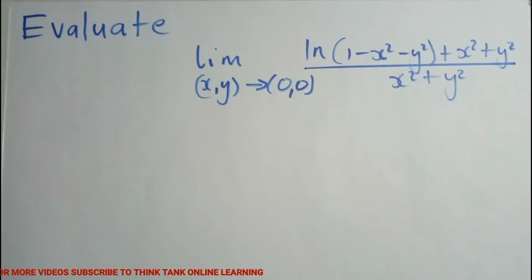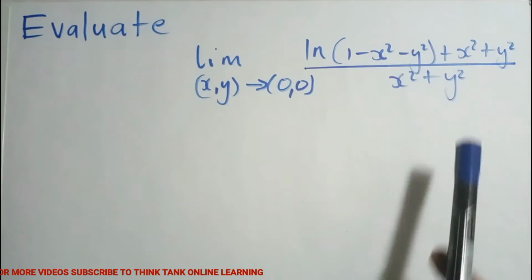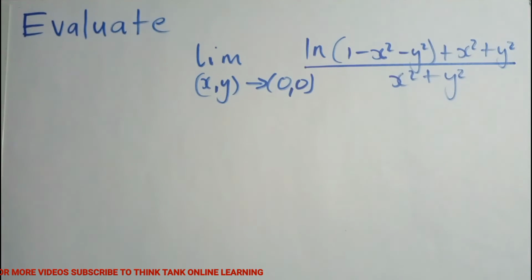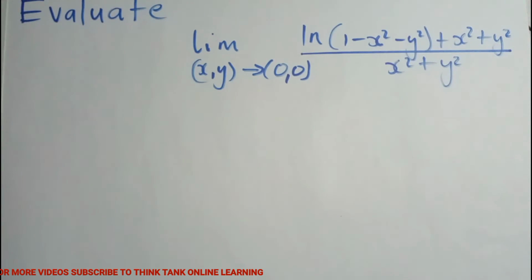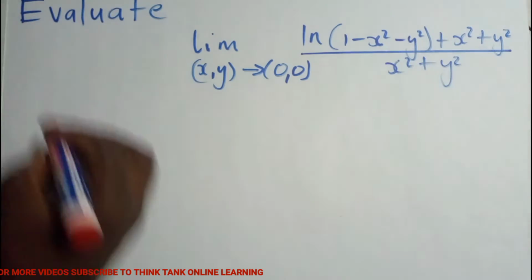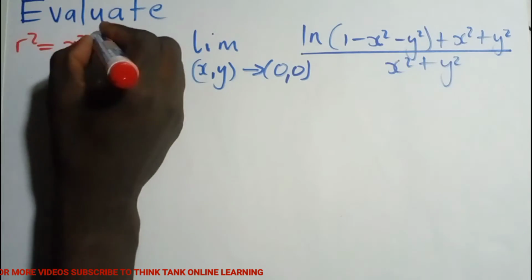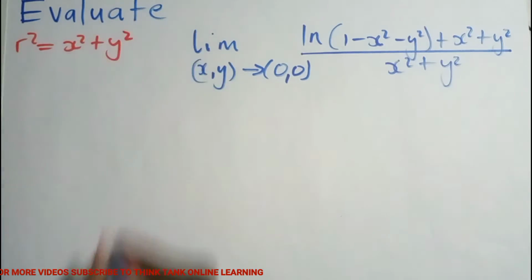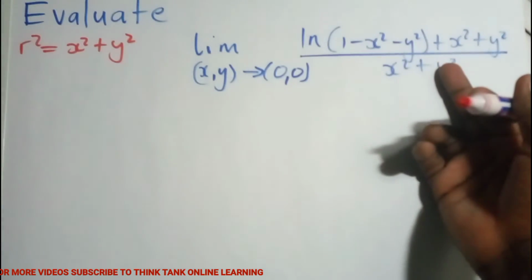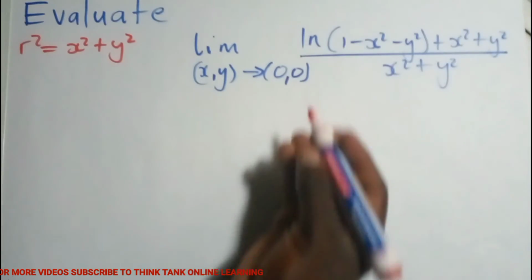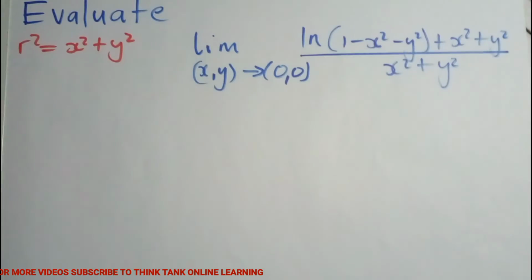Whenever I see x squared plus y squared, I think it's very wise to use polar coordinates. We know that r squared is equal to x squared plus y squared, so this is going to be r squared.